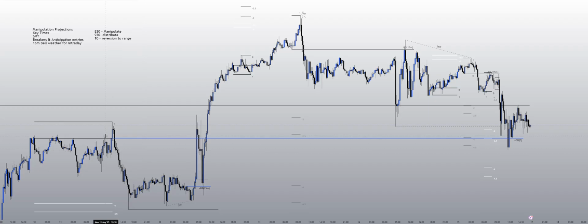So, what do I mean by that? We have a tap above the high, tap above the high, false displacement lower. Here's your breaker block candidate. Here's your order block formation with your inverse fair value gap.